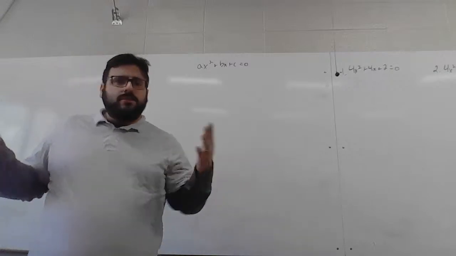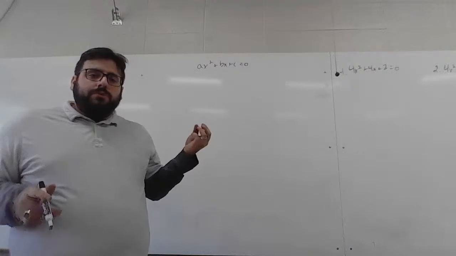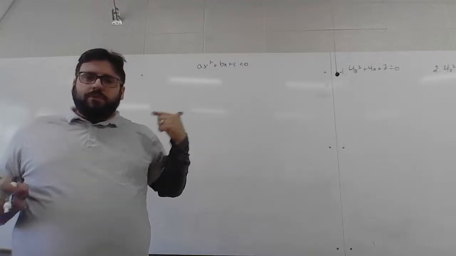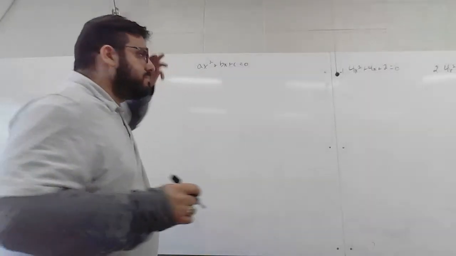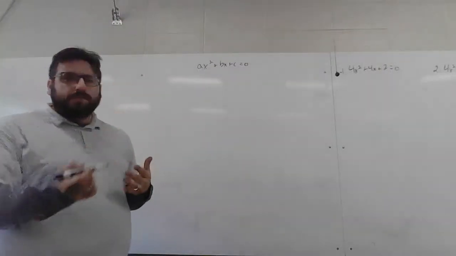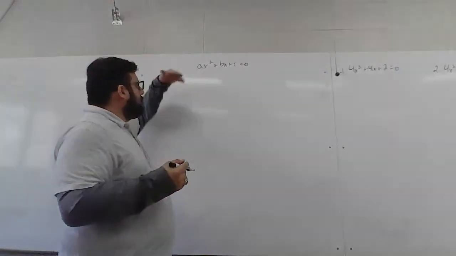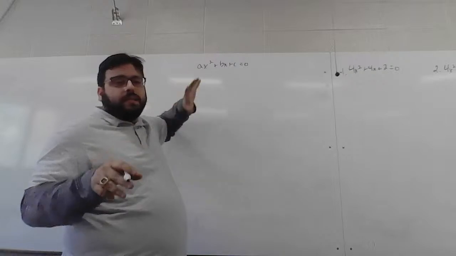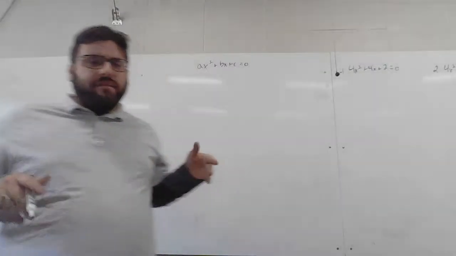Don't need to know what a is, what b is, or what c is. Let's use completing the square to find a general solution for a standard form quadratic equation. So the first step in completing the square is, if a is not 1 or negative 1, divide everything by a.